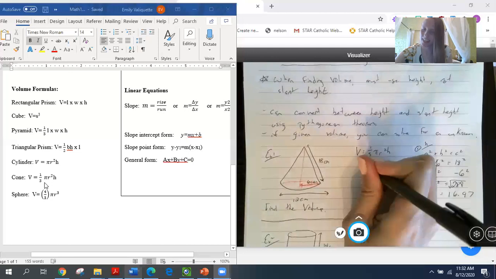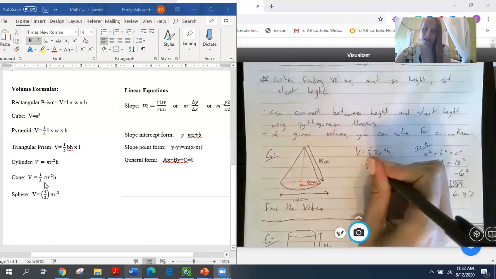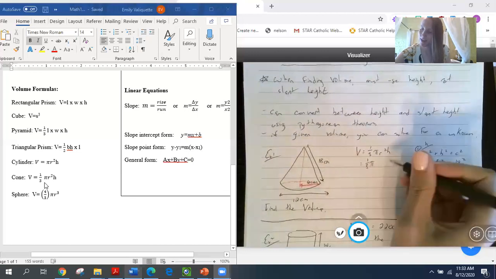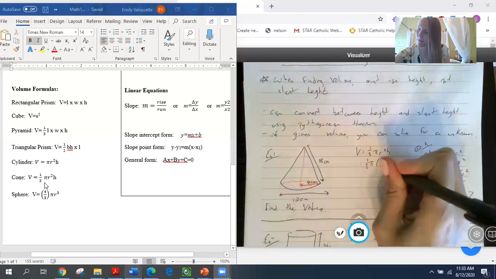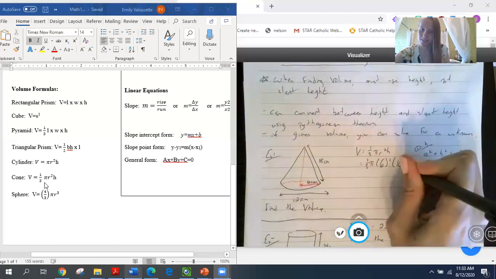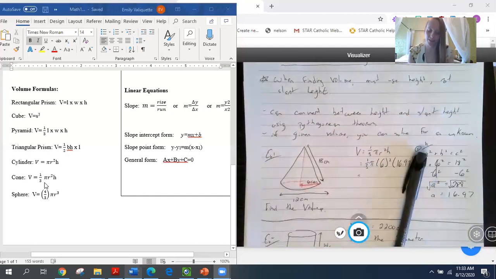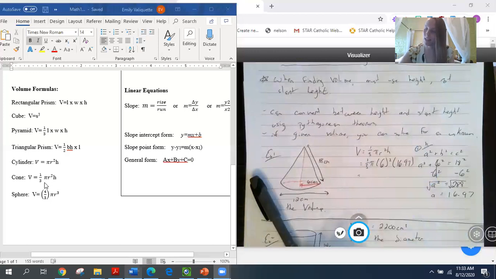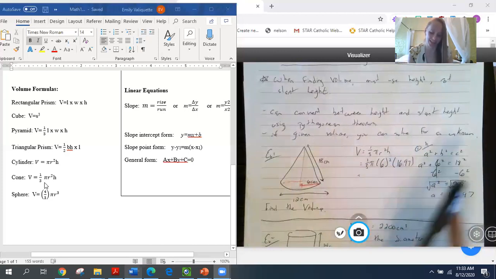Now that I have that, I can go over to my volume formula. My 1/3 pi isn't going to change. My r value is that 6. And then I'll times it by my 16.97. And you can plug that all into your calculator at once if you would like, or you can do the exponent part first to follow your BEDMAS rules and then multiply everything else.